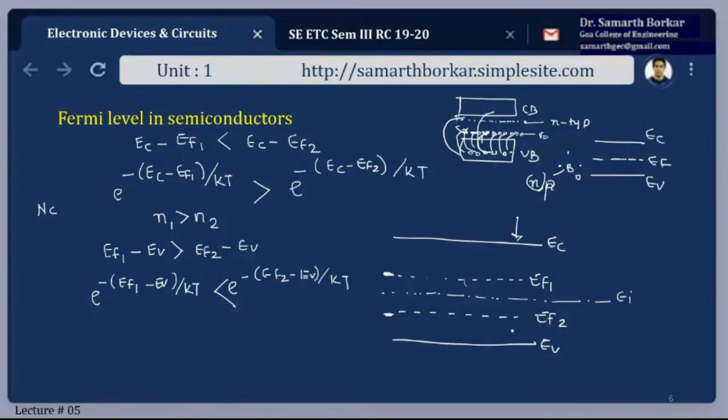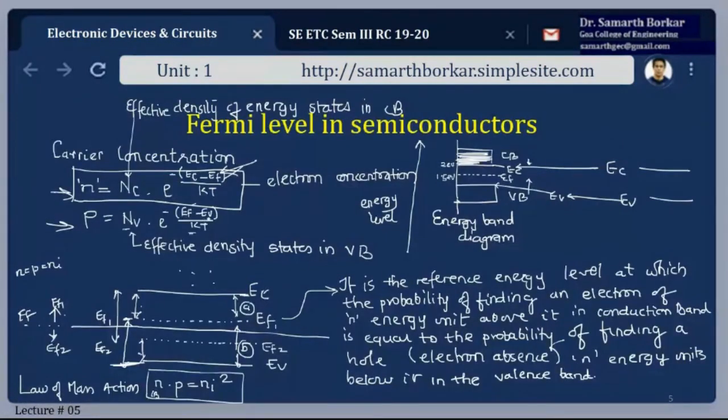So as we move EF closer to EC, the electron concentration would increase and the hole concentration would decrease. That is the crux of the story. As I move EF1 toward EC, the number of electrons will be more, as seen from the discussion and from the mathematical expression, exponential of minus (EC minus EF).